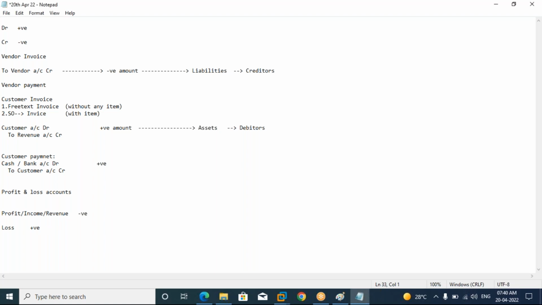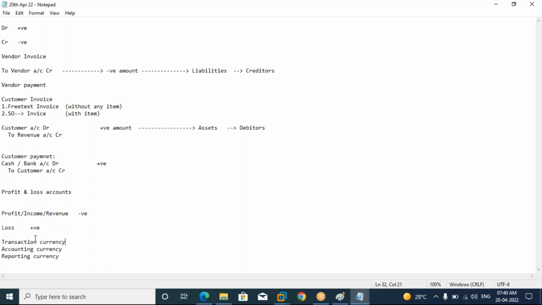Next, one more topic I'm going to discuss with you. One small topic: accounting currency, reporting currency, and transaction currency. In the system, we have three currencies.